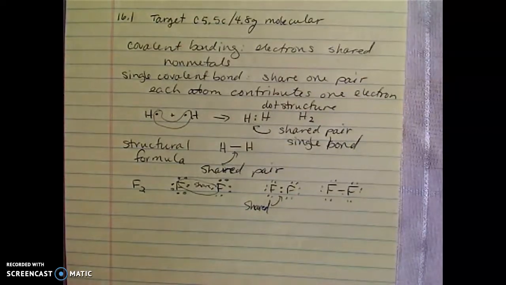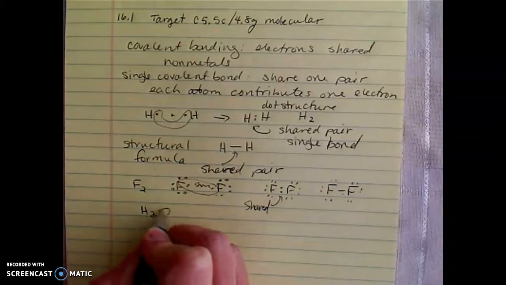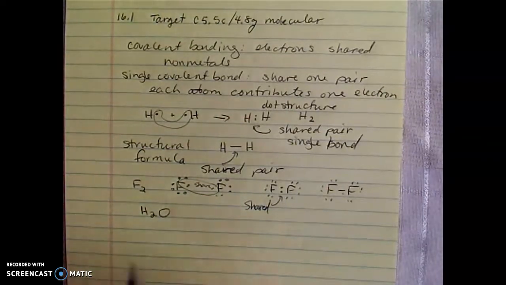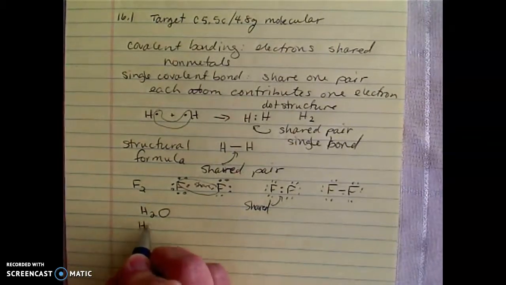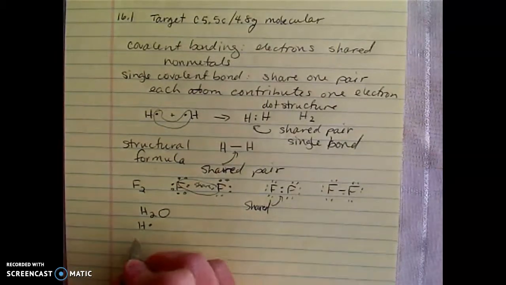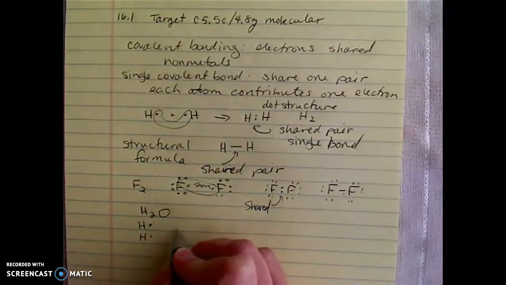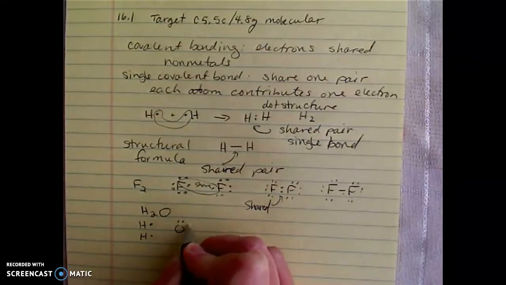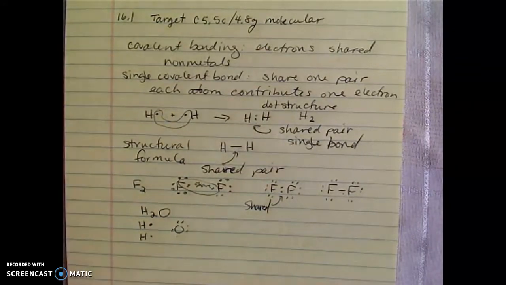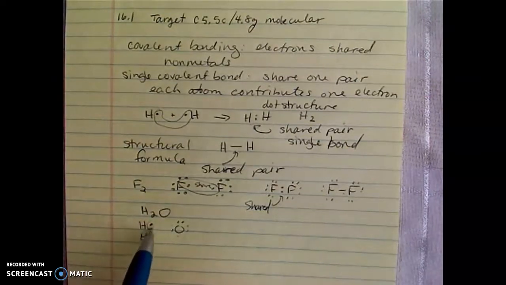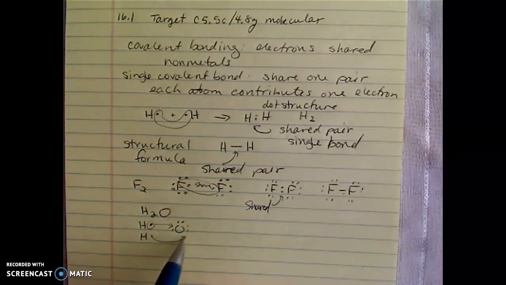Both hydrogen and fluorine are diatomic, but this again does occur in all molecular compounds. So let's take a look at water. We know water is H2O. Take a look at their dot structures. If you have hydrogen, it has one dot. And remember, there are 2 of these. And then you get oxygen. Oxygen has 6. And you can see oxygen needs 2 more electrons. So what's going to happen is this will come here, and it will share there, and this one will come here and share there.